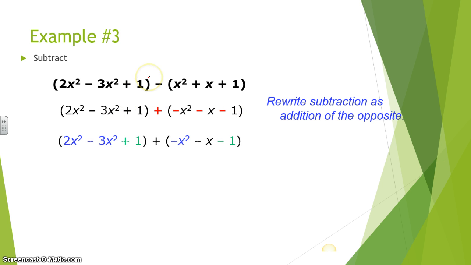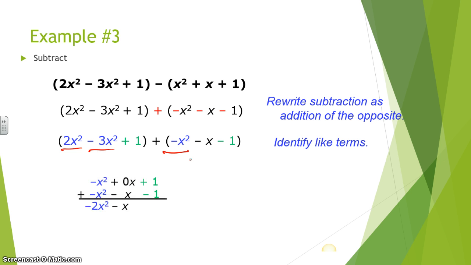So then the next thing we're going to do is find our like terms. So we have our 2x squared minus 3x squared, and then that minus x squared. In the blue are like terms. Then the green, we have a plus 1 and a minus 1. Those are other like terms. So let's group this together. Now the way they're adding these here is they lined it up vertically.